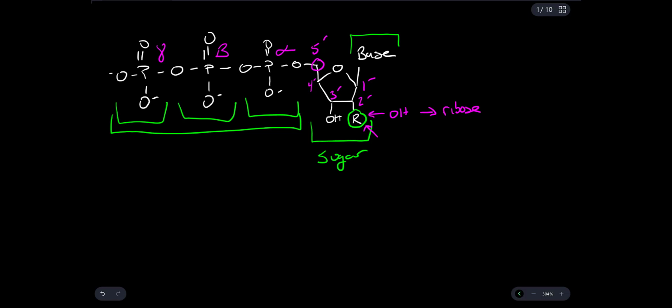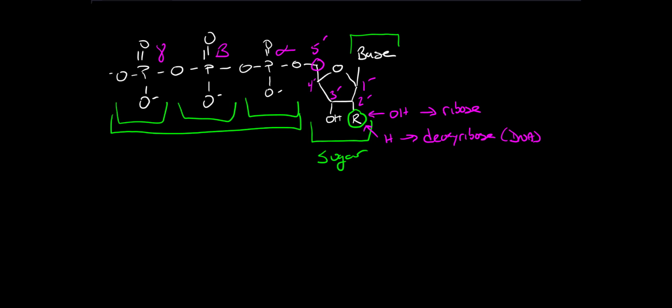If this R group is a hydrogen, then this is a reduced ribose, and we specifically call it deoxyribose. As you probably know, deoxyribose is the form of ribose that's part of DNA. So this is important for DNA structure.